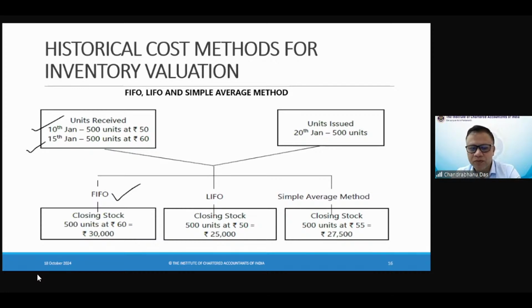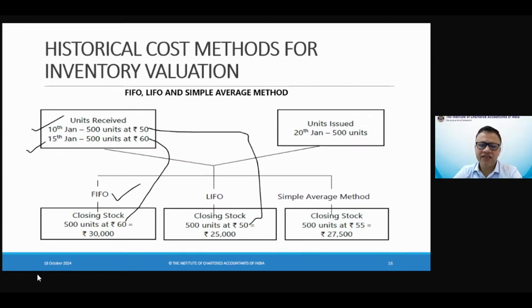When you are doing FIFO, you have to take first in, first out, meaning whichever units were received on 10th January should go out. So the 10th January 500 units have gone out of the factory premises. So what is remaining now? The closing stock is that stock which is remaining in the factory, 500 units at 60 rupees. That means the most recent price becomes the closing stock. And the previous price, first in, first out, is gone because it was purchased first, so it should go away first.